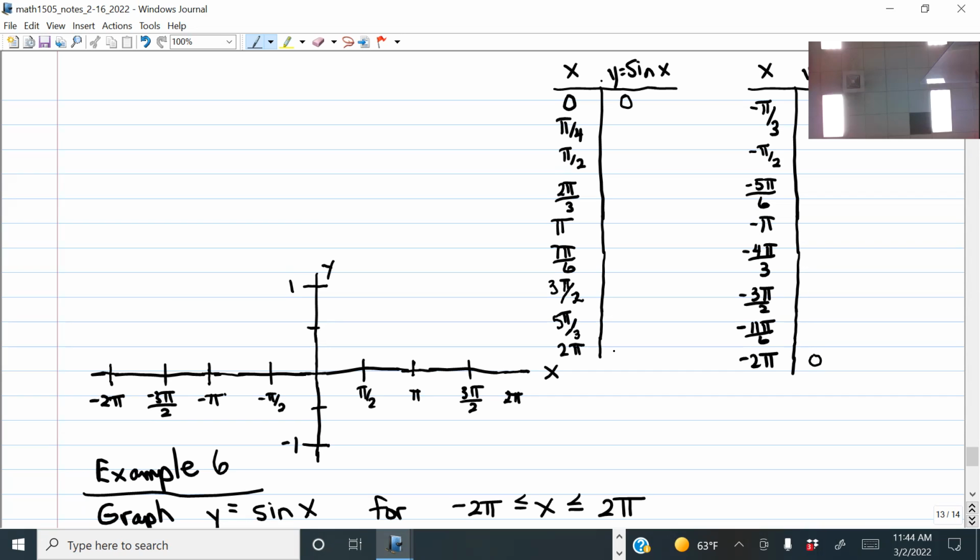I think that one is 0 and that one is 0 also. I'm going to make the plot, so y'all just have to fill in these tables.